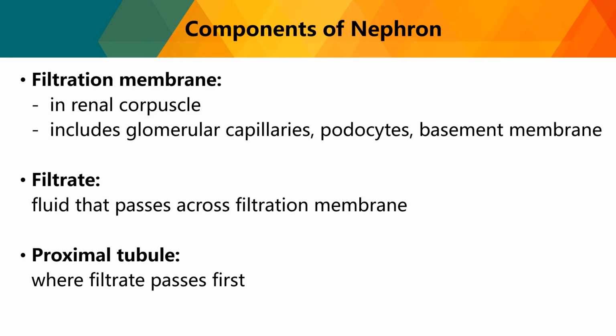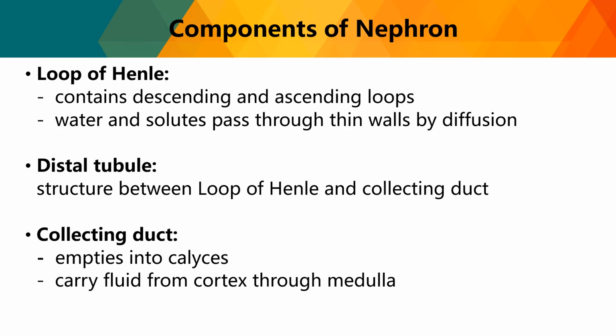For the components of the nephron, again, we have the filtration membrane, which is in the renal corpuscle. It includes glomerular capillaries, the podocytes, and of course your basement membrane. Filtrate is the liquid that passes across the filtration membrane, and then you have the proximal tubule where filtrate passes first.